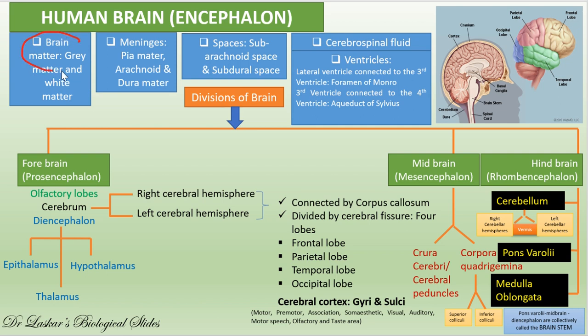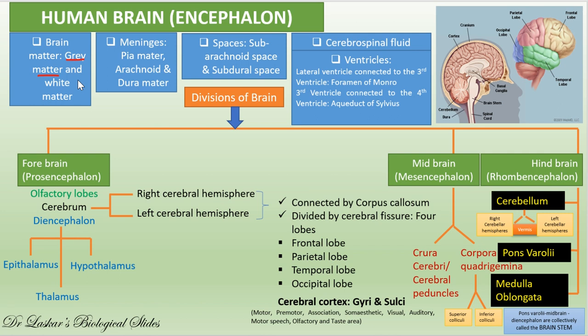Brain matter. The substance composing the brain is called the brain matter, and it is differentiated into gray matter and white matter. Gray matter forms the outer layer of the brain.